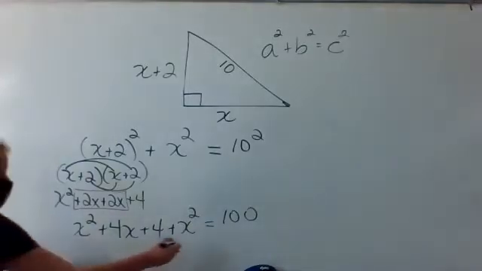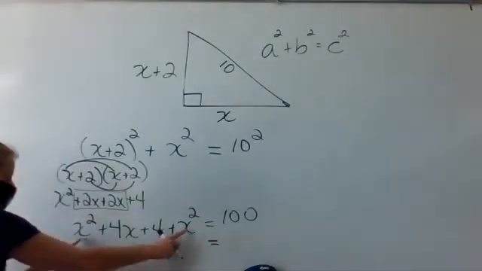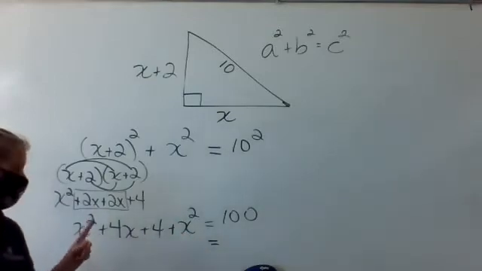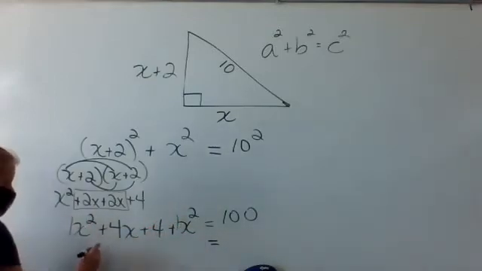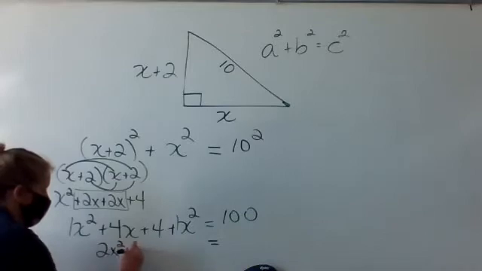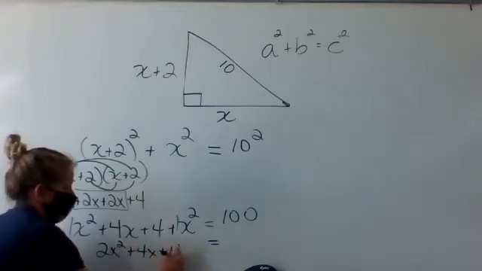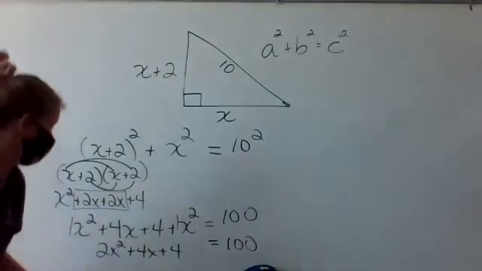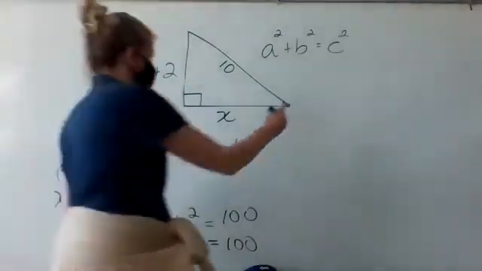So let's see, on the left side, I can put my X squareds together since they're like terms. I've got 1 here and 1 here, so I actually have 2 X squareds. Bring down my plus 4X plus 4 equals 100. I'm just going to rewrite this up here.